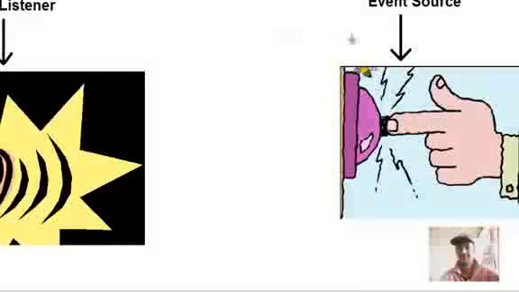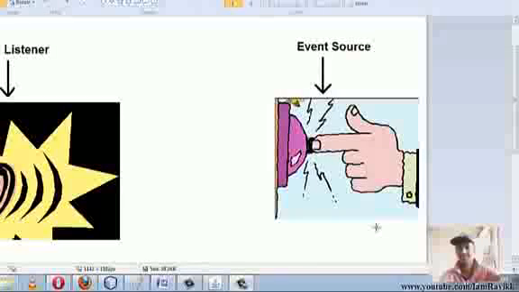So he is the one who is generating the event, notifying you that he wants to contact you, and we are the listeners. We listen to the doorbell and open the door to see who the person is, and accordingly we interact with him and perform our actions. In the same way, we'll implement the same concept programmatically.